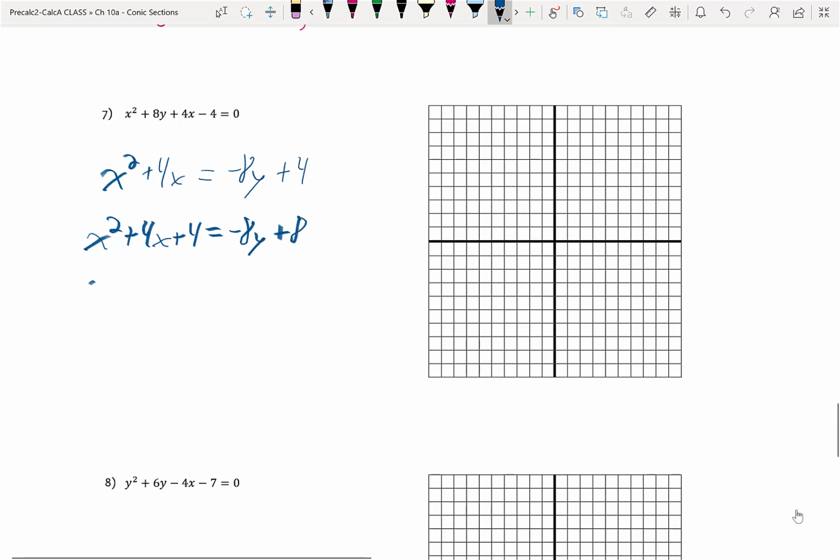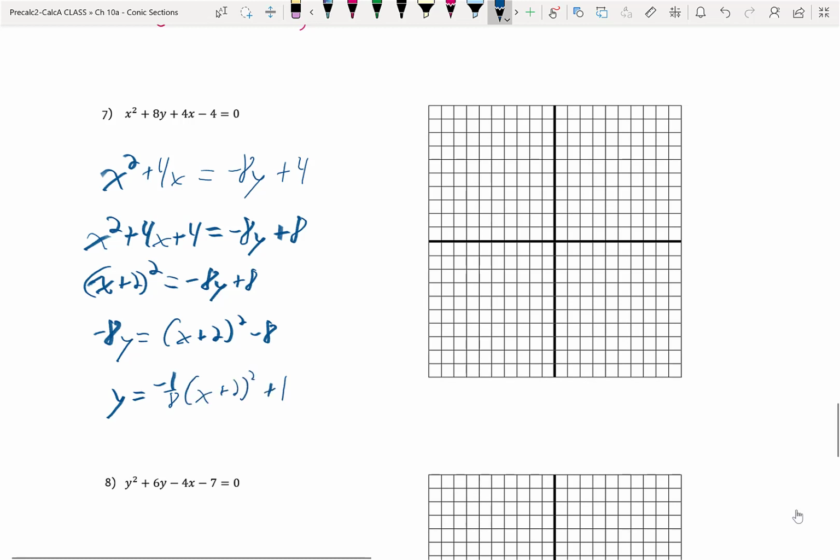You get x plus 2 quantity squared is equal to -8y plus 8. And then when I manipulate things back around again, I get -8y is equal to x plus 2 squared minus 8, or y is equal to -1/8 (x plus 2) squared plus 1. So all of that just to get this equation into a decent graphing form.